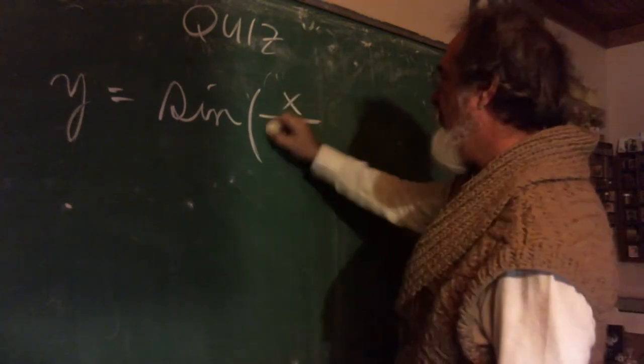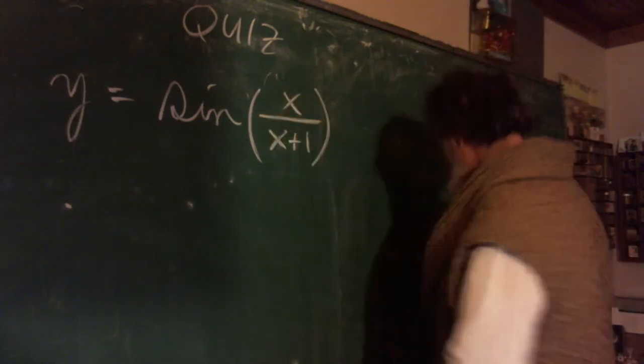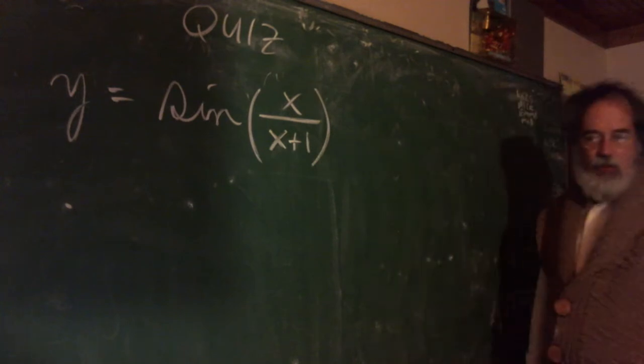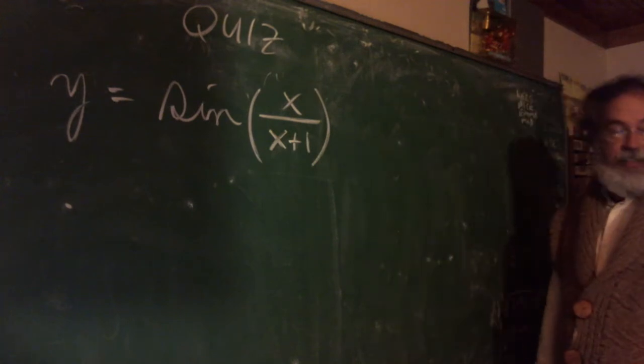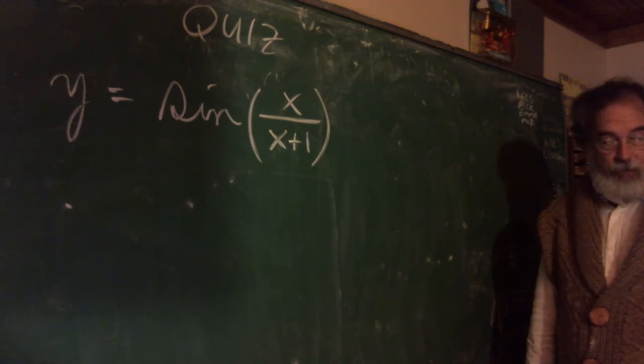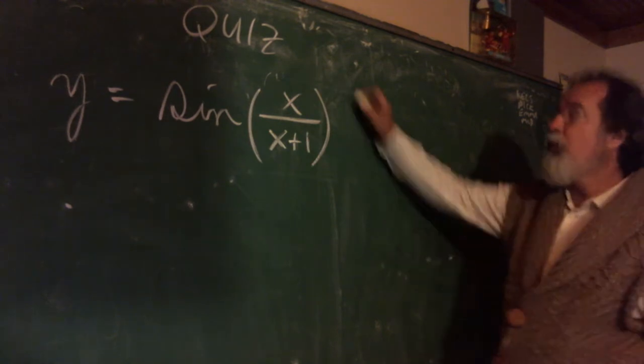Suppose I have y equals sine of x over x plus 1. Suppose I have that. So what is its structure? I said it out loud. I said sine of, and I didn't say sine of x. So this is a chain rule problem.